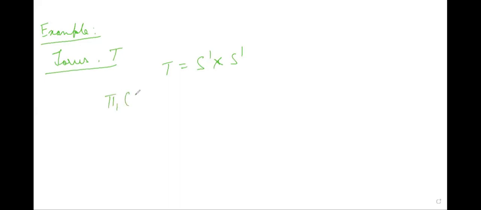So the fundamental group of the torus can be realized as the direct product of this, which is isomorphic to Z cross Z. So here we will use the Van Kampen theorem, and we will prove that this is exactly this, right? So this is some kind of verification.